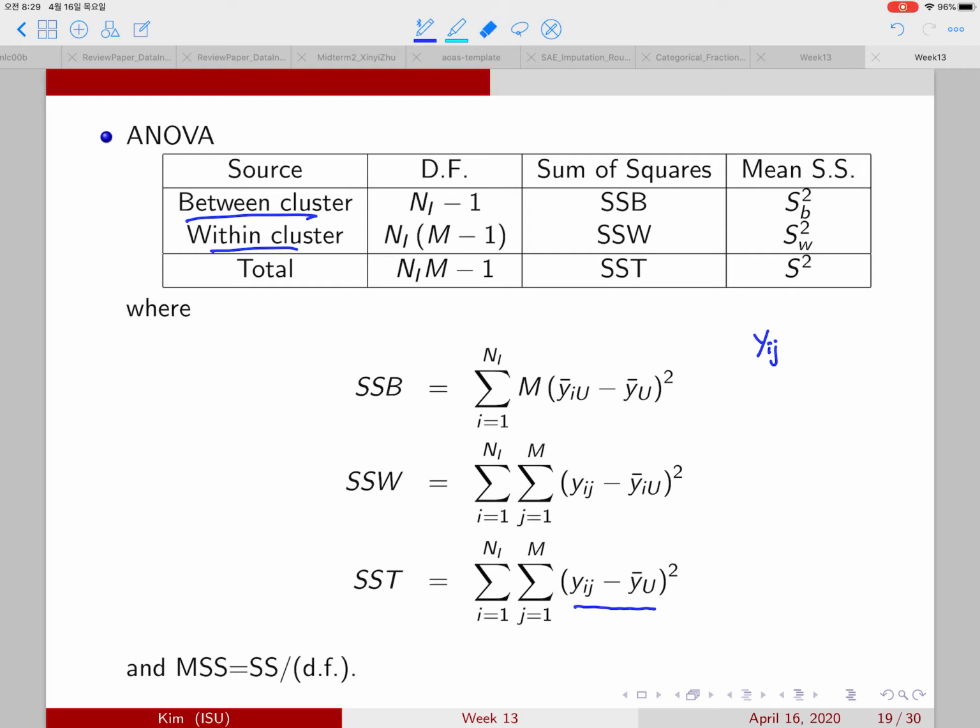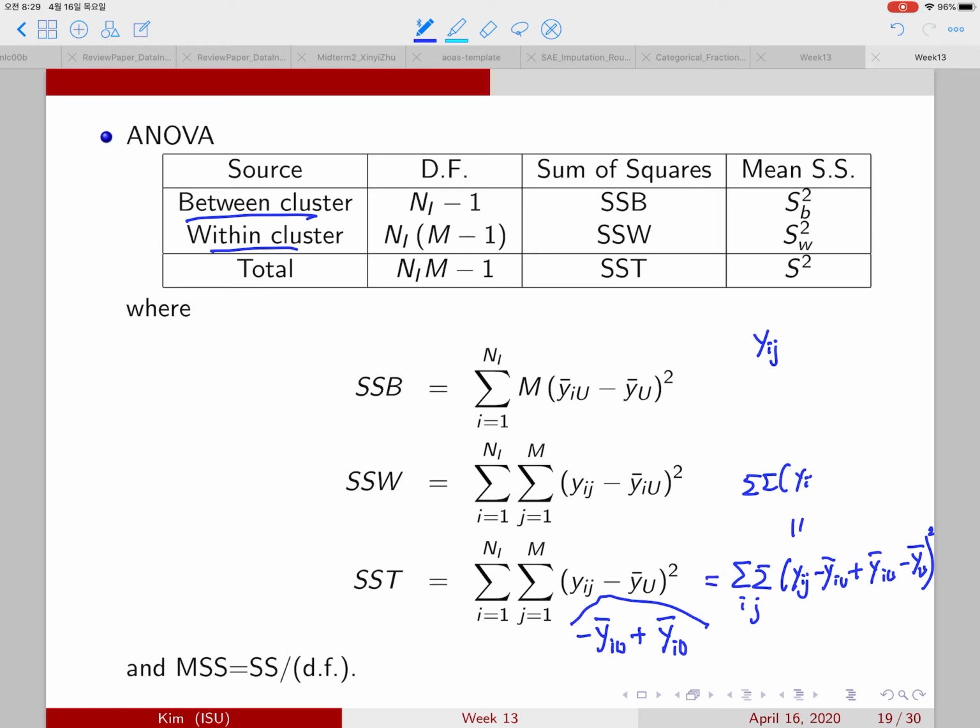And then here we subtract the y bar iu, and then add y bar iu here. So basically Yij minus y bar iu plus y bar iu minus y bar u.